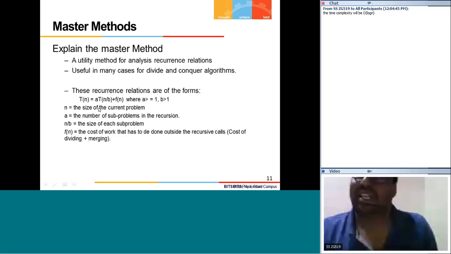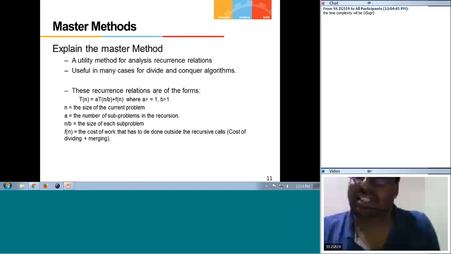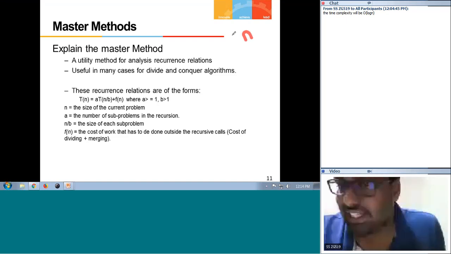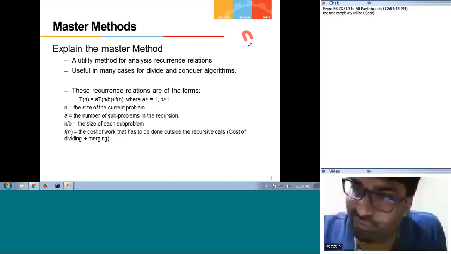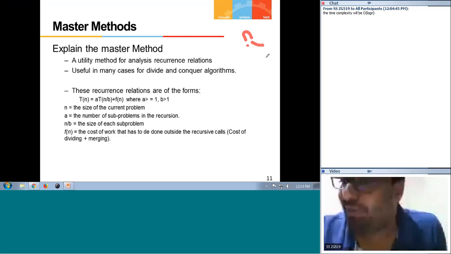Let me make the notation for a minute so that it is clear. When you have the initial input, this is n, the size of the complete problem. When you do division, every time the size of the subproblems keeps reducing.